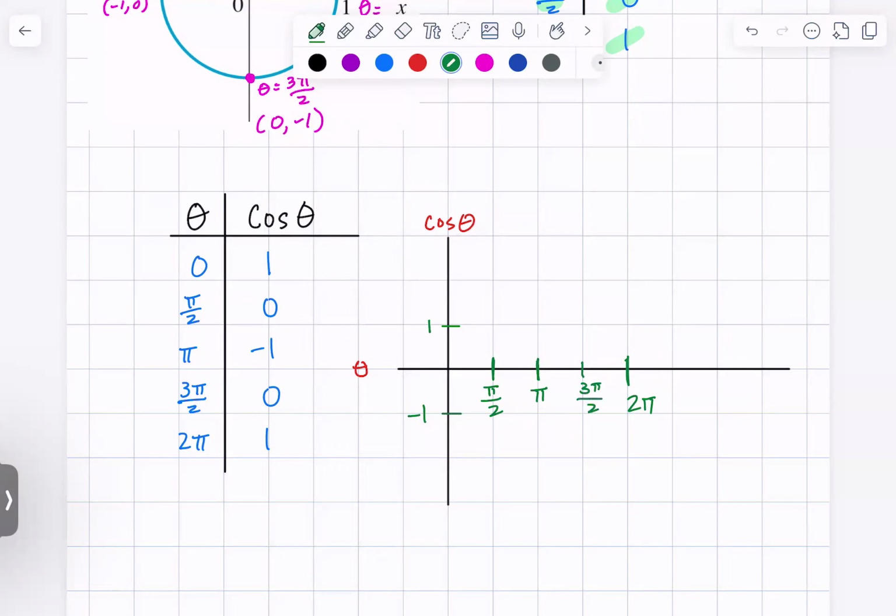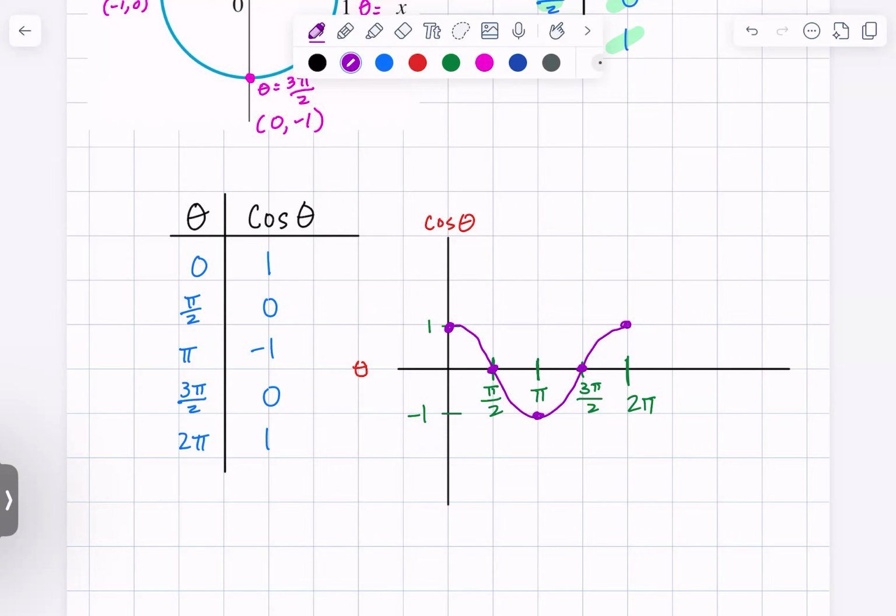Okay. So at 0, it's 1. At pi over 2, it's 0. At pi, it's -1. 3 pi over 2 is 0. 2 pi is 1. And I'm going to smooth it out so it looks like a curve. Okay. So this is a full period of cosine.